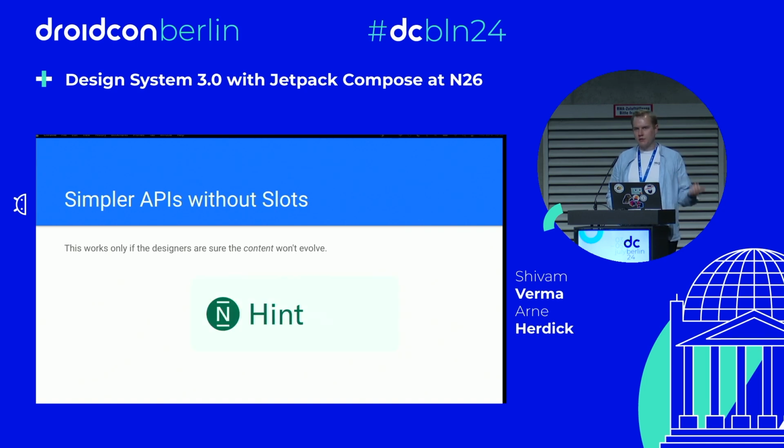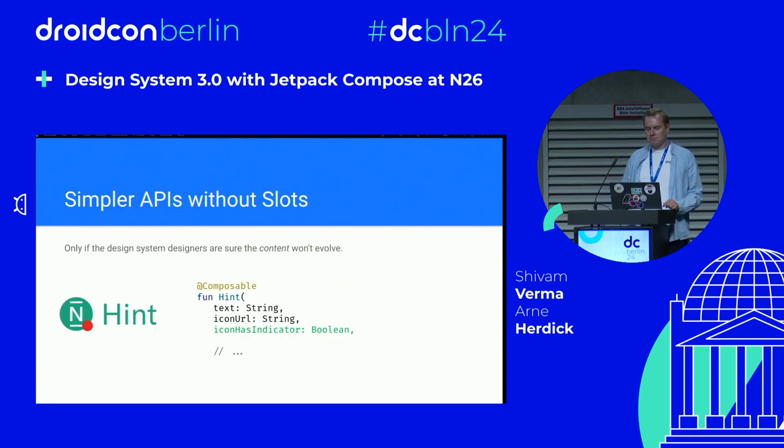So while we might change the background or we might change the color, we're sure that this content is only this simple icon and the text. Because if you start thinking, okay, the content changes, we want to have this, let's say, indicator, then suddenly you get back into this breaking API changes region that we also had with the view entities. So then if you think this might happen, probably would have been better to use a slot for the icon.